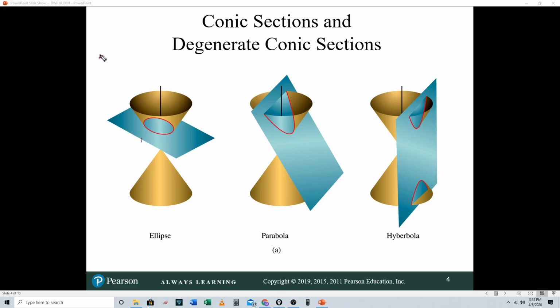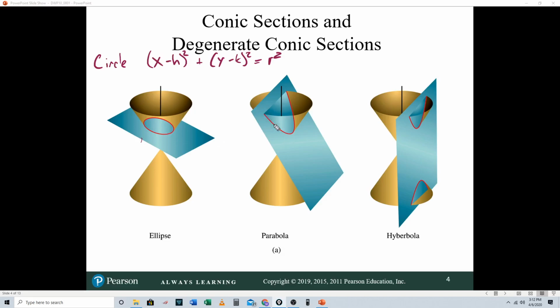Circles have a formula which is (x minus h) squared plus (y minus k) squared equals r squared. Ellipses are a little bit different, because they don't have the same radius from a center. They have different focal points.